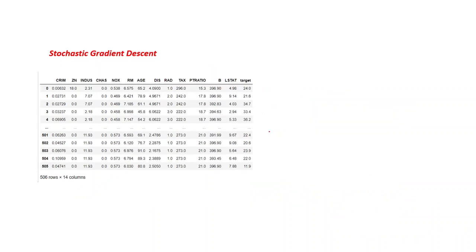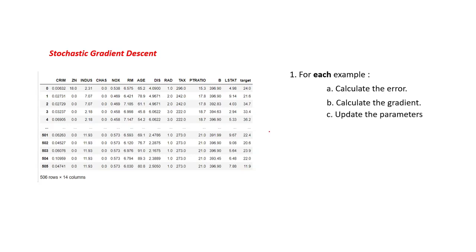So let's move on to stochastic gradient descent. Obviously you know that stochastic gradient descent came in to address the problems of batch gradient descent. So how the algorithm works here is, for each example, you will calculate the error, calculate the gradient, and update the parameters.